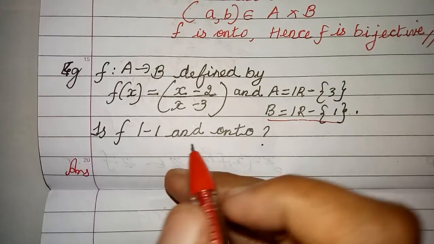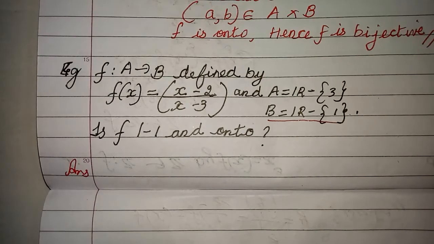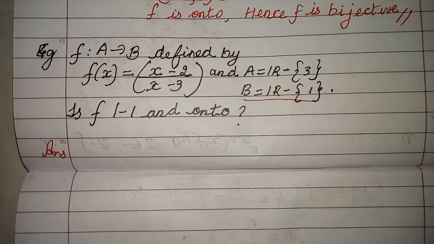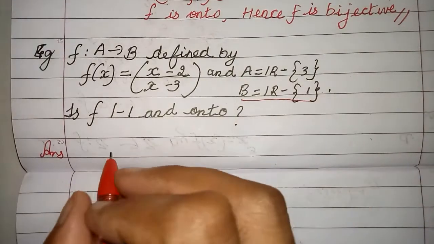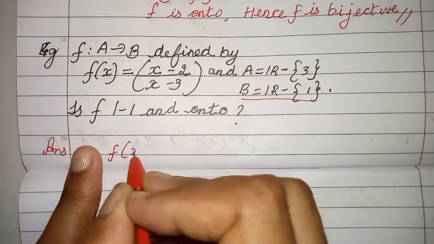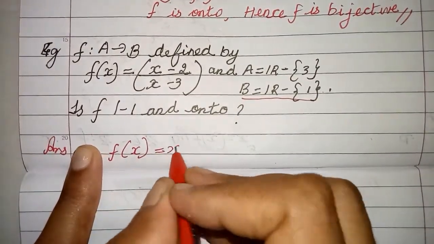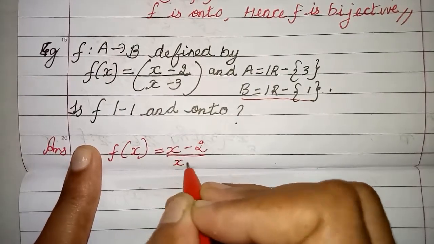Now what is the main part of the question? The main part of the question is you have to find whether your function is one-one and onto. No problem. But first, as I said, children, as I checked orally, I am going to check the well-definedness of the function, which is very true.